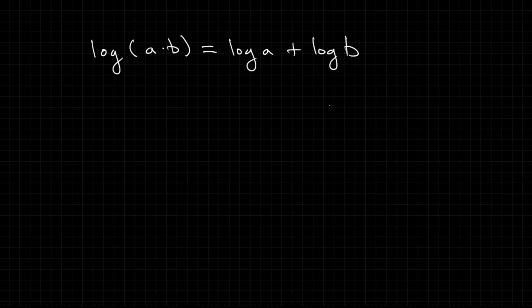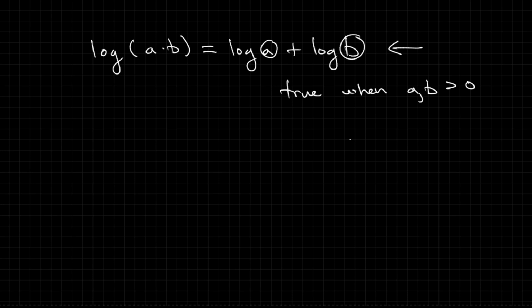The reason why we have to double check our answers is that this actually isn't true for every a and b. It's true when both a and b are positive. Otherwise, it won't be true because you cannot take the log of a number that's less than or equal to 0.